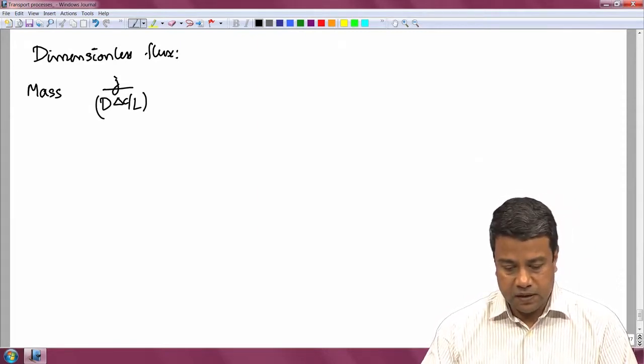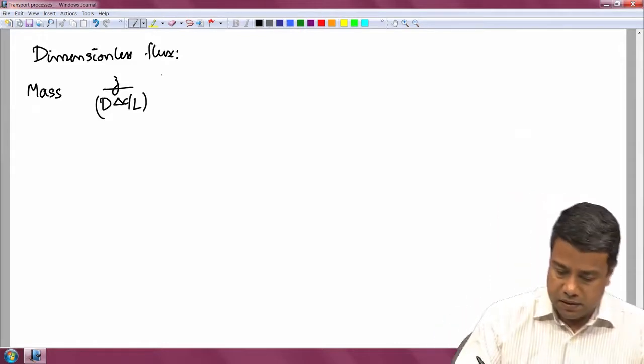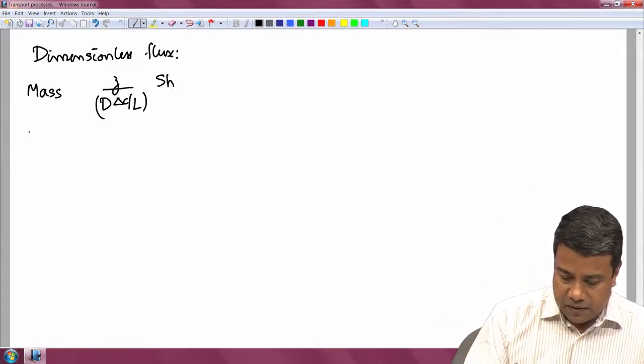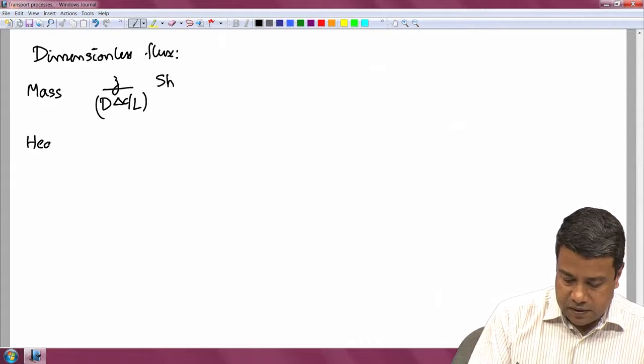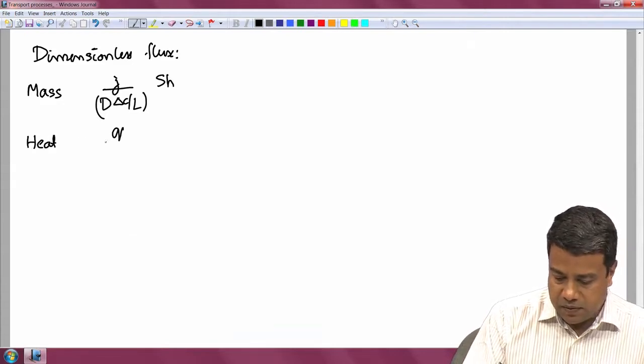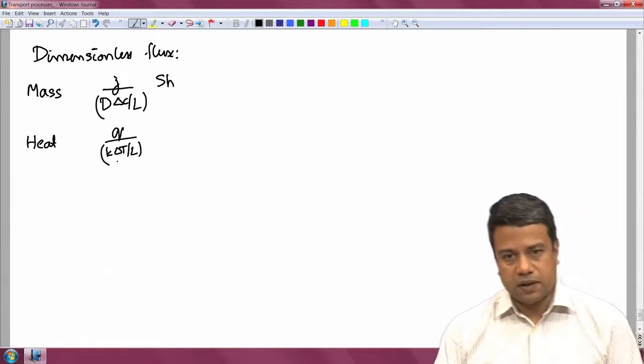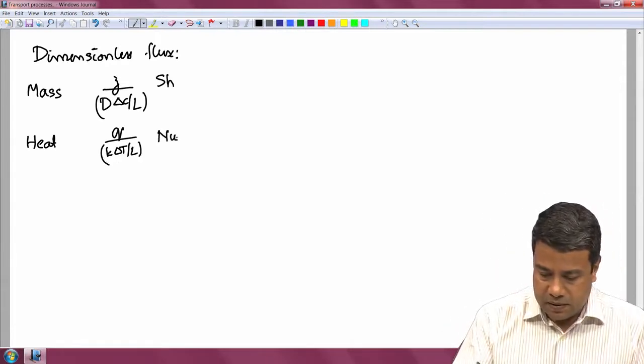That is the Sherwood number. For heat transfer, this will be q by k delta T by L. That is the Nusselt number.